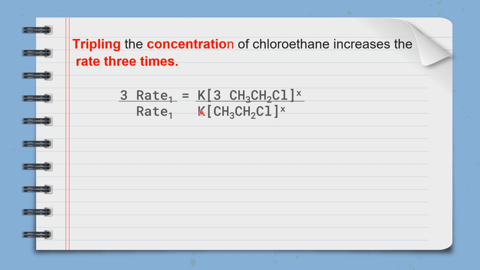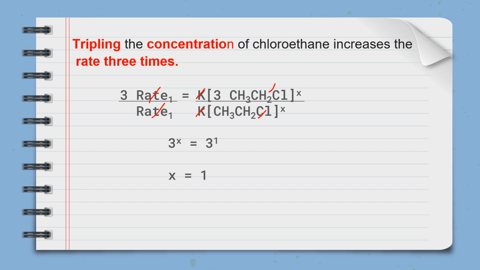What happens here? We can cancel out the initial rate, the value of k, and the concentration of chloroethane. After that, we find that 3 to the power of x is equal to 3 to the power of 1, where x is equal to 1.